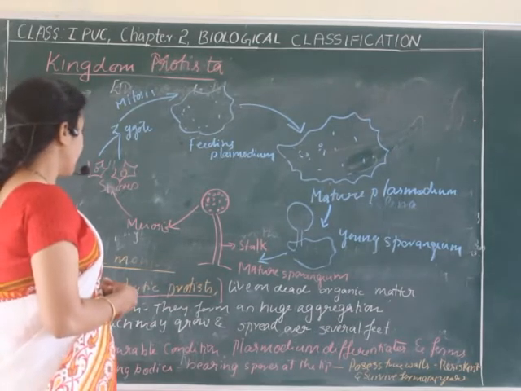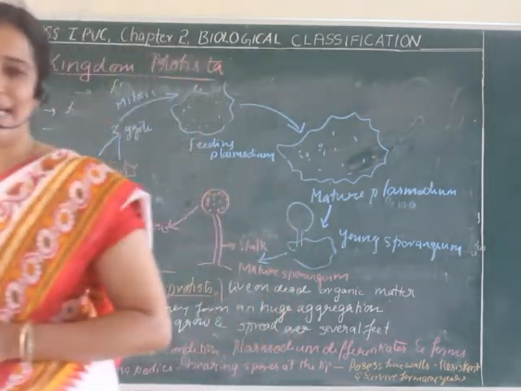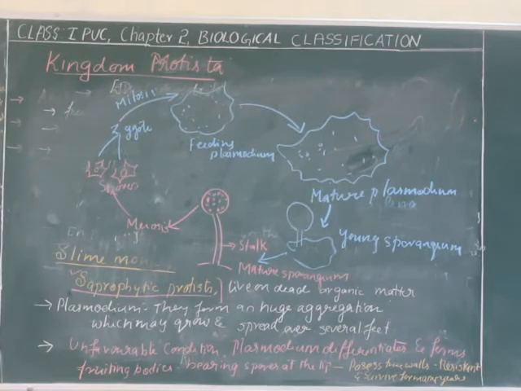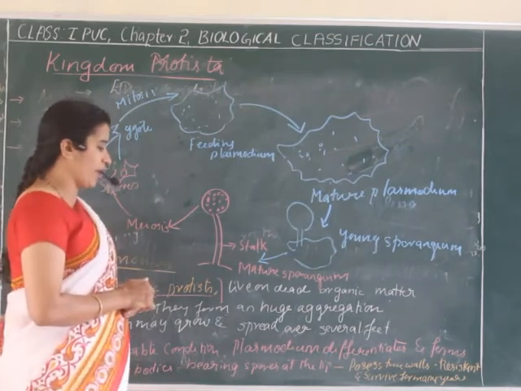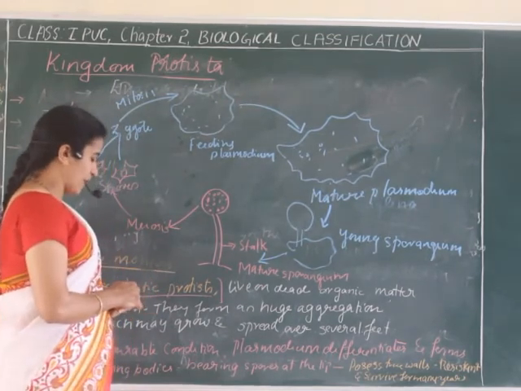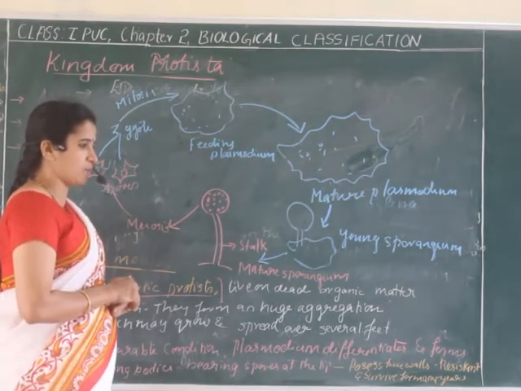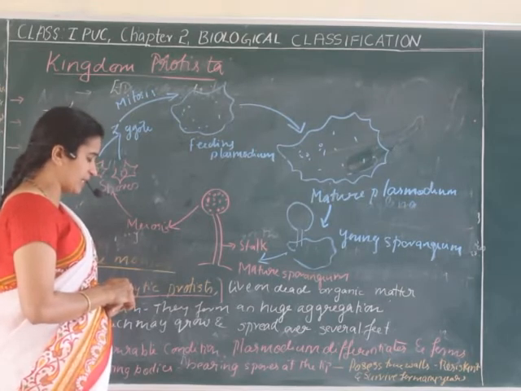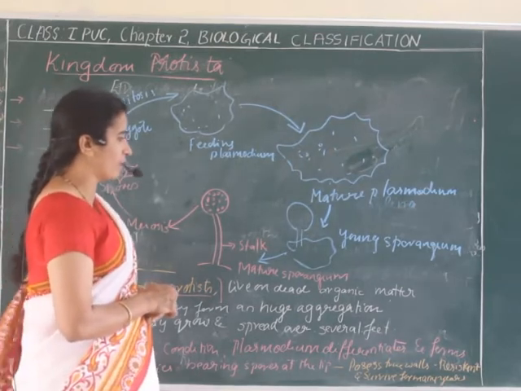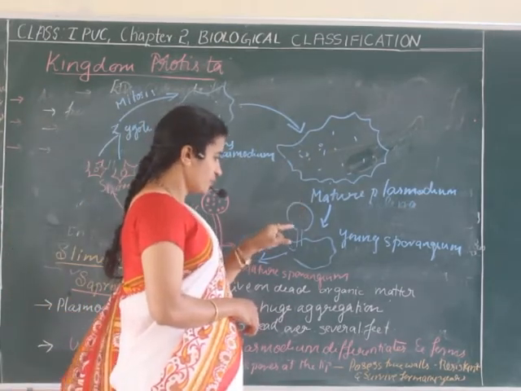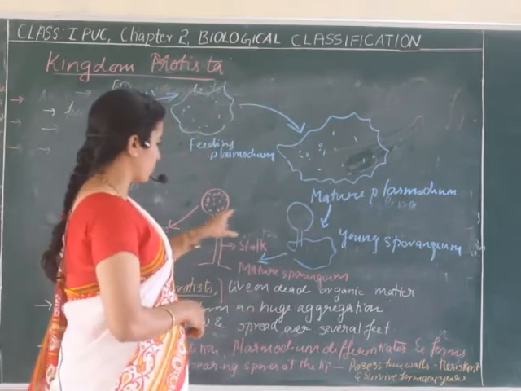Slime molds come under the category of kingdom Protista. They are saprophytic protists, because they live on dead organic matter and form a plasmodium, which is a huge aggregation of a mass of cells covering several feet. Then when conditions are not favorable, this plasmodium starts to develop the sporangium, which has spores at the tip.